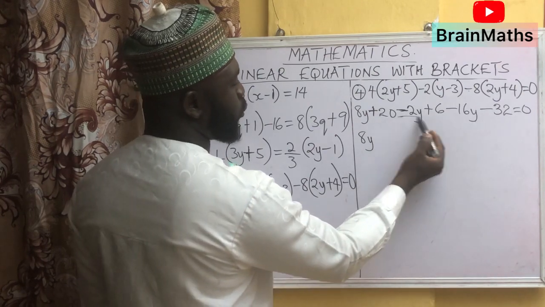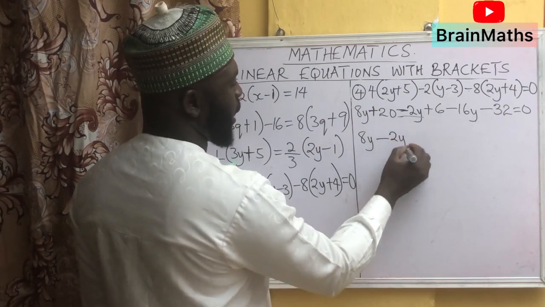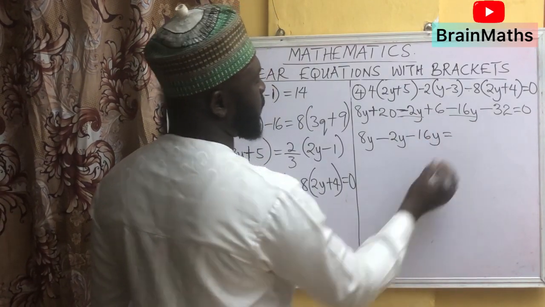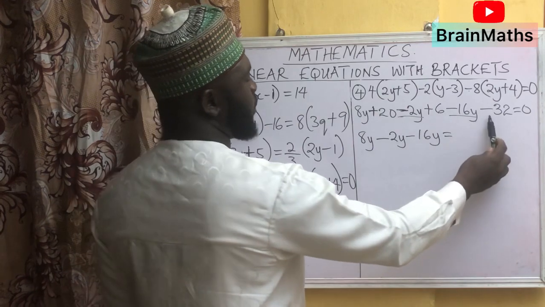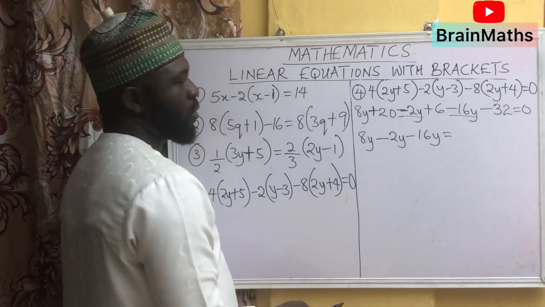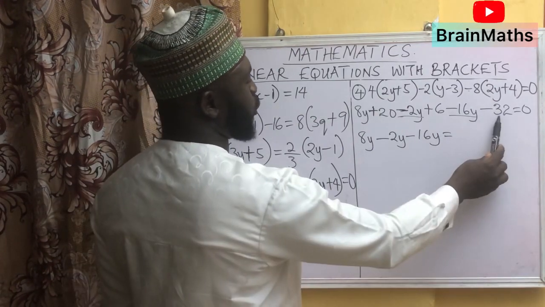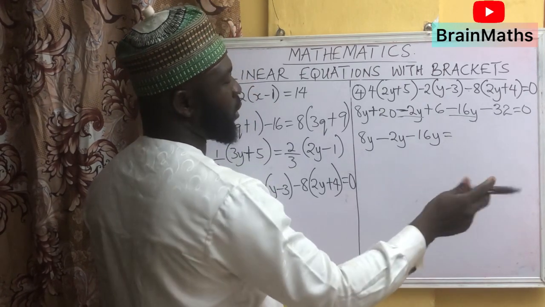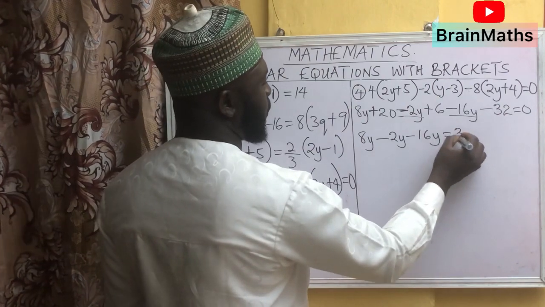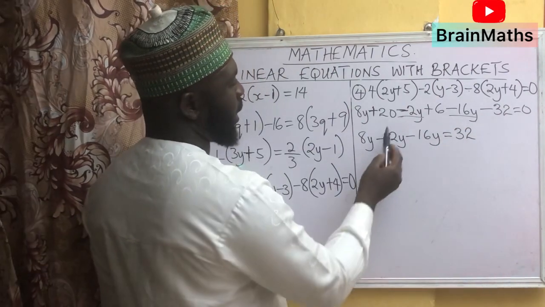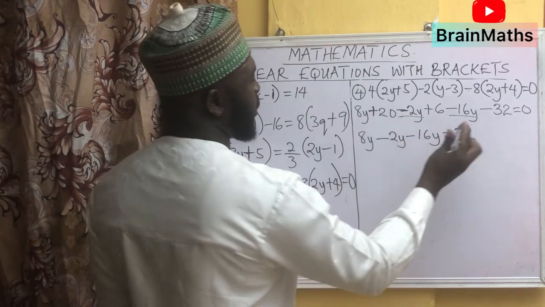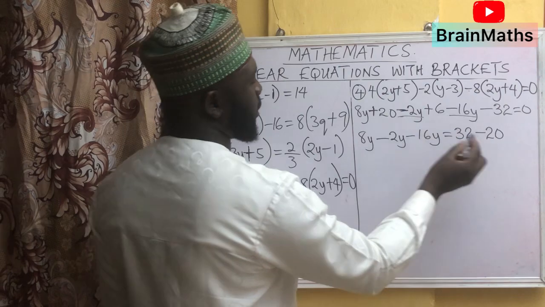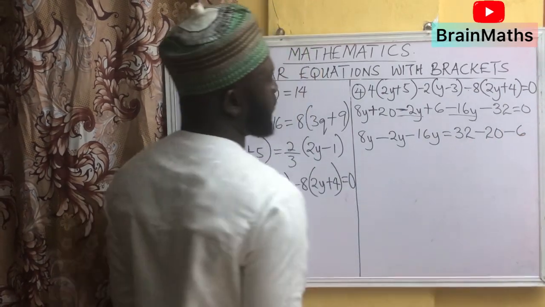This one is minus 2y and this one is minus 16y, equals the biggest of all the constants, or the highest among them, is 32. So 32 here is negative. When it goes to the other side, it becomes positive. So we have 32. The next is positive 20. It turns to negative 20. And the positive 6 becomes minus 6.